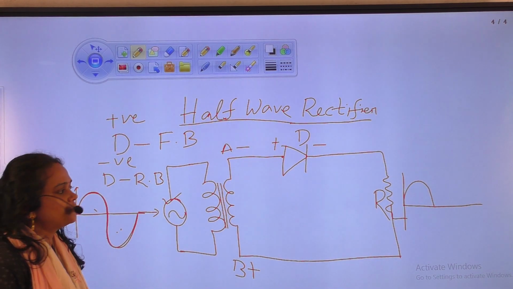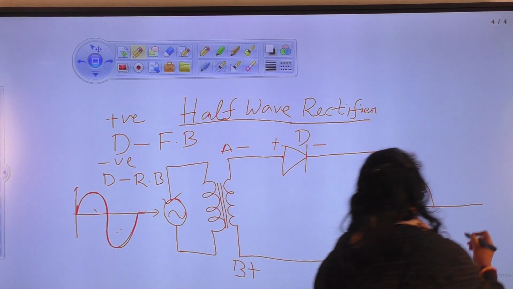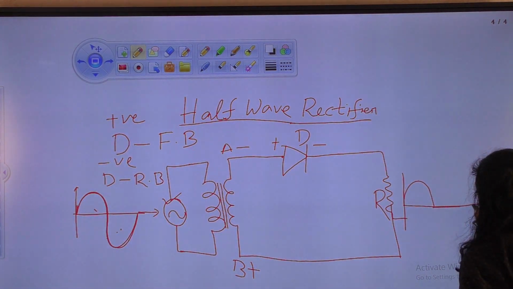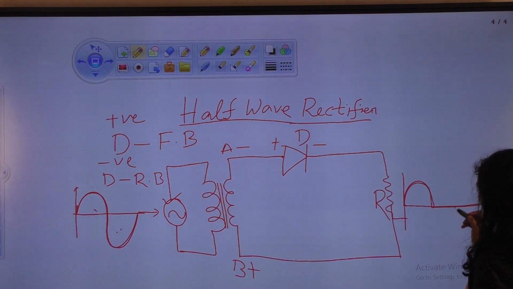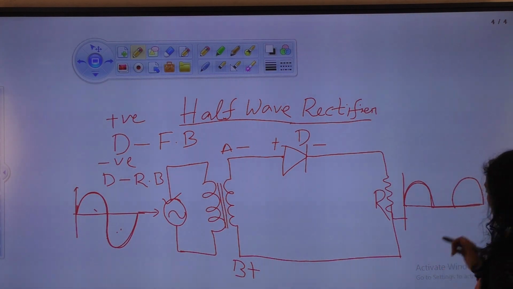So as per the process, at the output, in the positive half cycle we get a waveform. In the negative half cycle there is no output. Again in the positive half cycle we get output, and again in the negative half cycle there is no output.